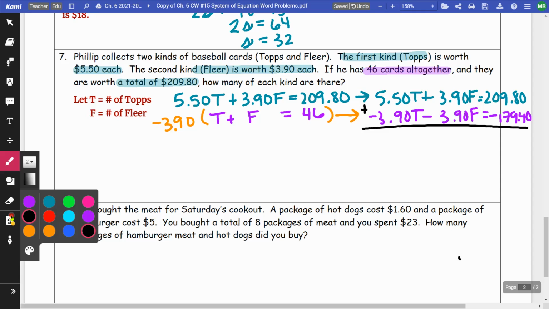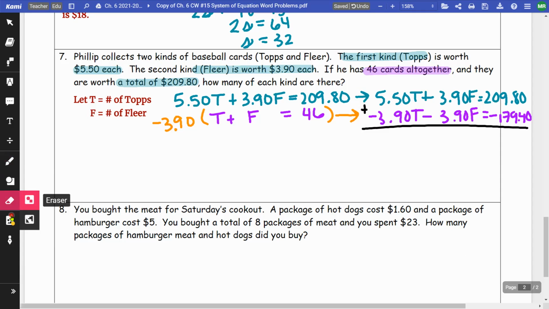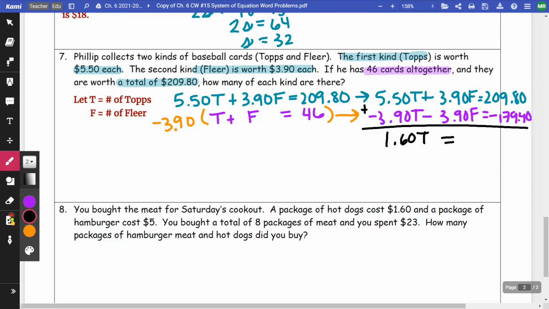And when I do, I end up with 5.50 minus 3.90, which is 1.60T, is equal to 209.80 minus 179.40, which is 30.40.